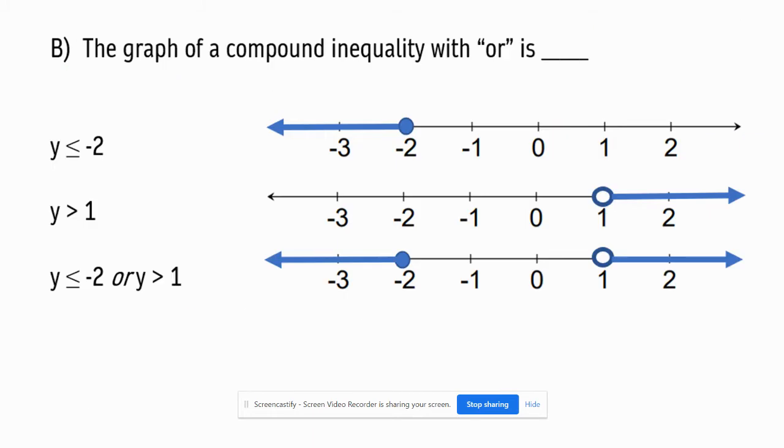The graph of a compound inequality with or is the union of the graphs of the inequalities.